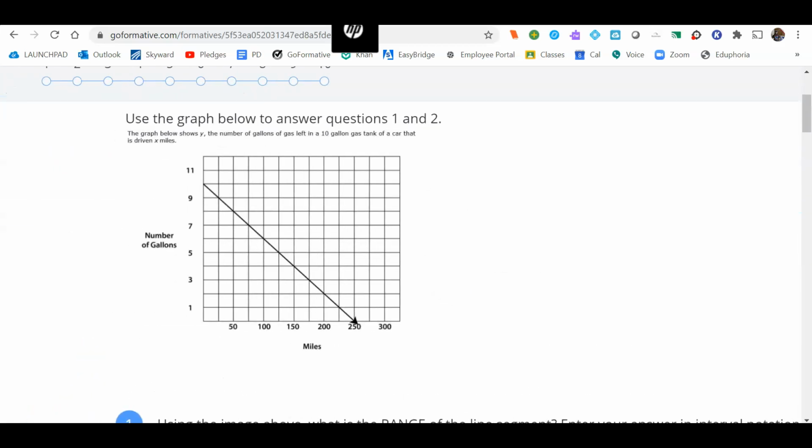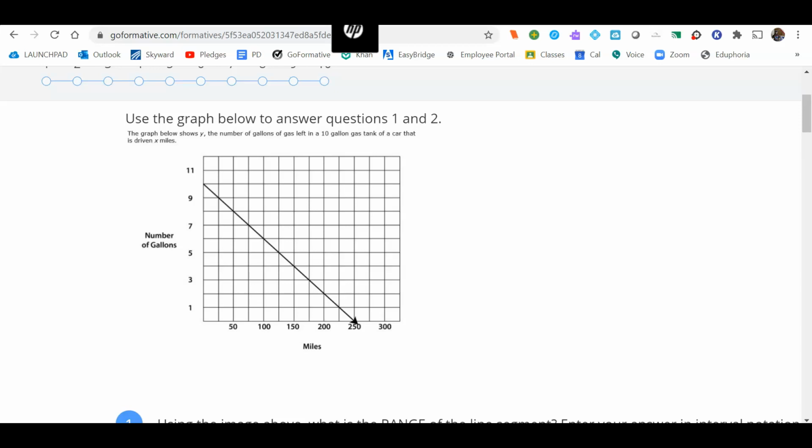All right, so the first question says, use the graph below to answer questions 1 and 2. So when we get to number 2, remember, we're going to look at this graph to answer it. But let's make sure we always read the entire problem. It says, the graph below shows y, the number of gallons of gas left in a 10-gallon gas tank of a car that is driven x miles.